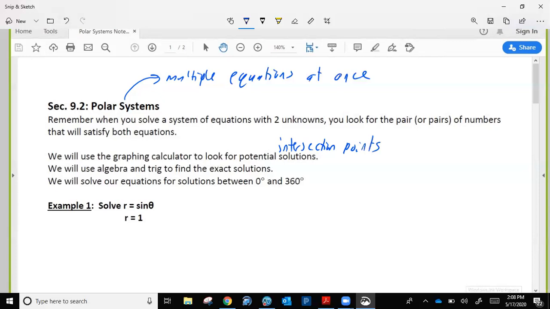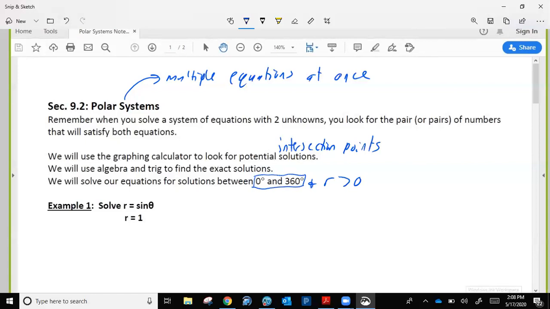Just for simplicity's sake and to keep our answers aligned, I would like your solutions, the angles, to always be between 0 and 360 degrees. I want them in degree mode, and I want a positive radius, greater than 0.